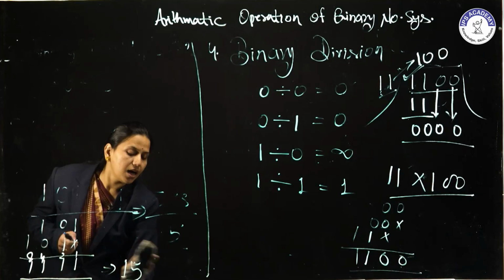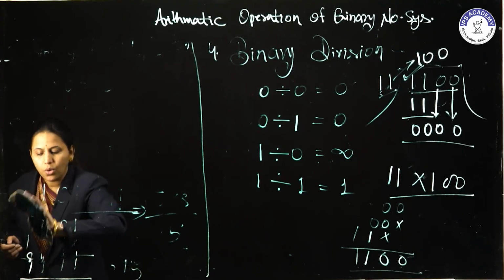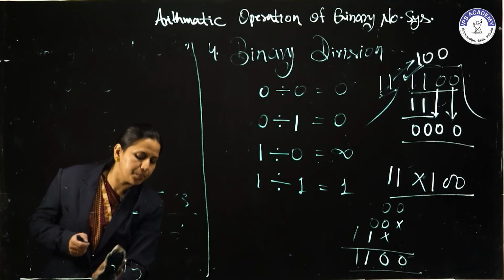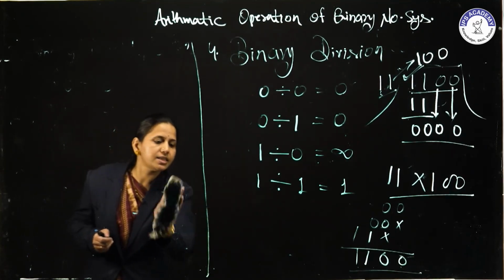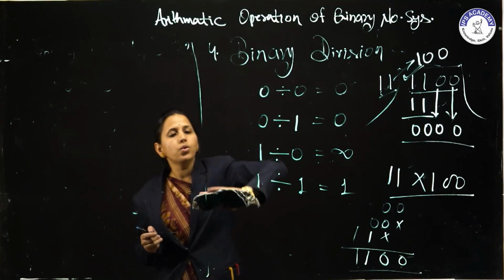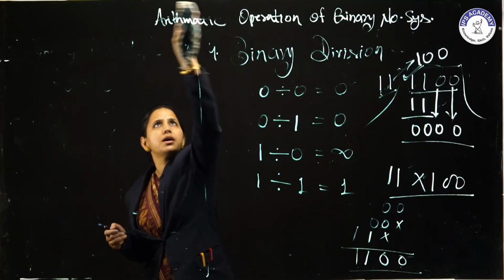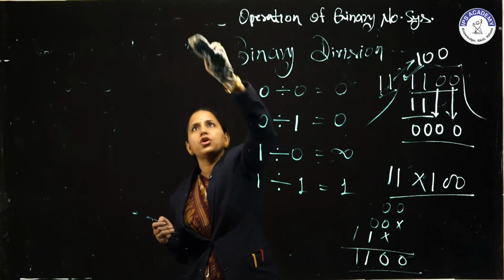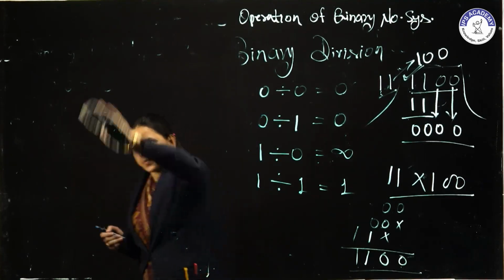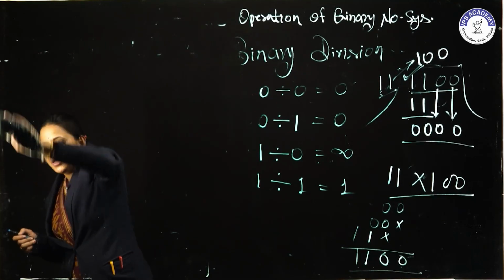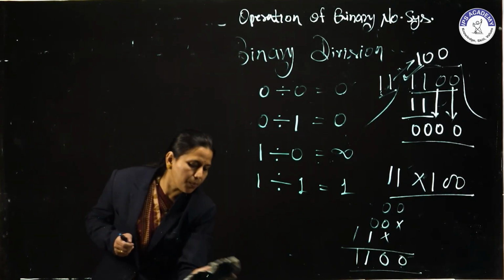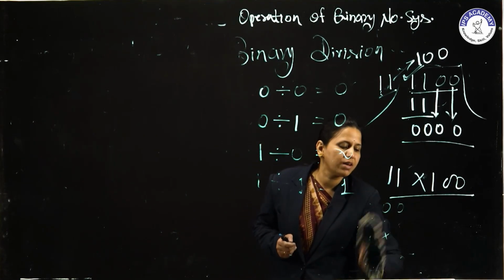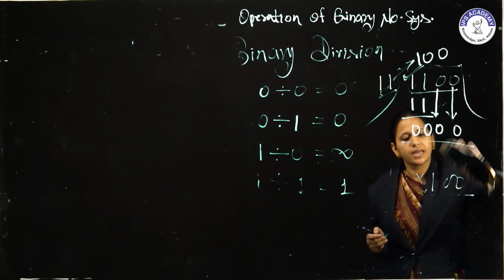Combinational circuits are those circuits whose output depends only on the present value of the input, and sequential circuits are those circuits whose output depends on the present value of the input as well as the previous value of the outputs. So we can use the arithmetic operations for designing combinational circuits as well as sequential circuits.